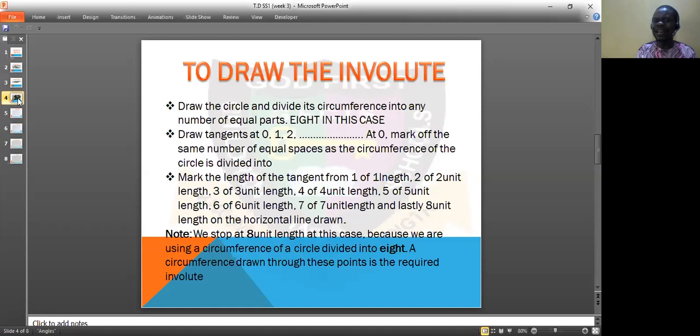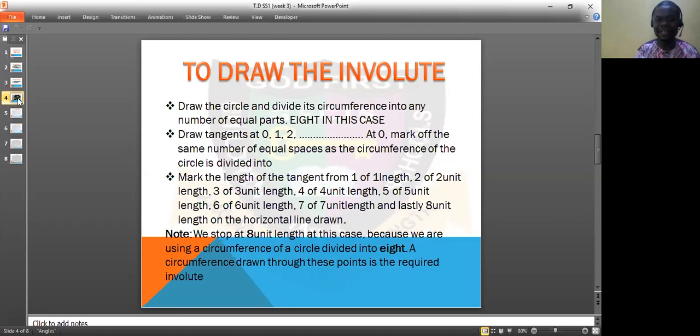To draw the involute, step one is to draw the circle and divide the circumference into any number of equal parts. In this particular lesson, in my example, the circle is divided into 8.